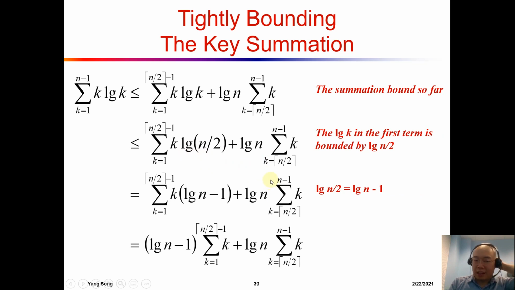Since we get rid of the k value, we can do log n divided by 2 equals log n minus 1. So let's substitute log n divided by 2 with log n minus 1, and move the log n minus 1 outside of this summation.